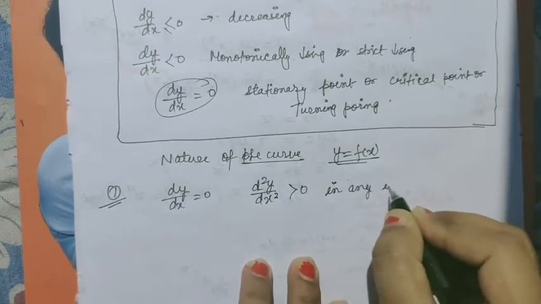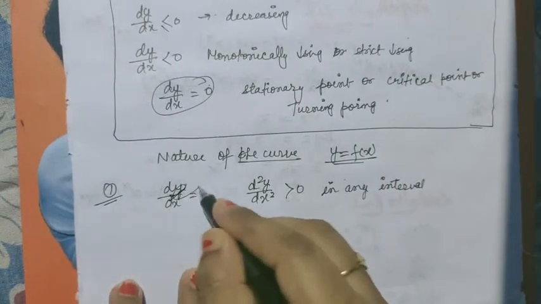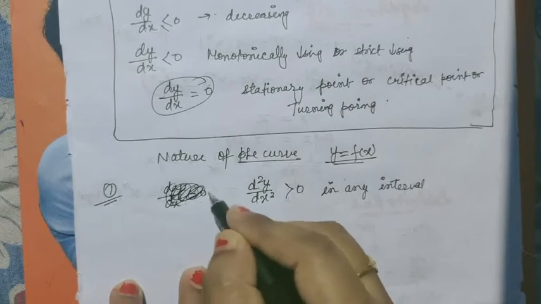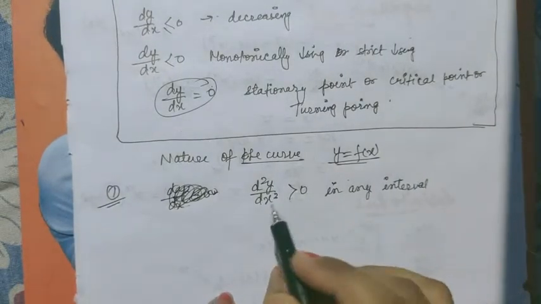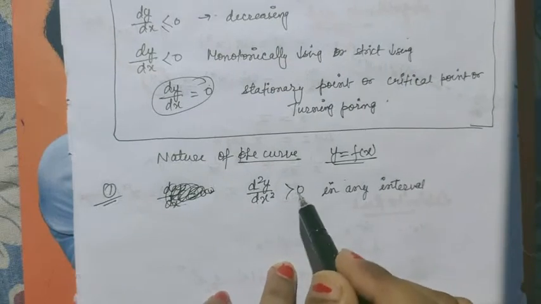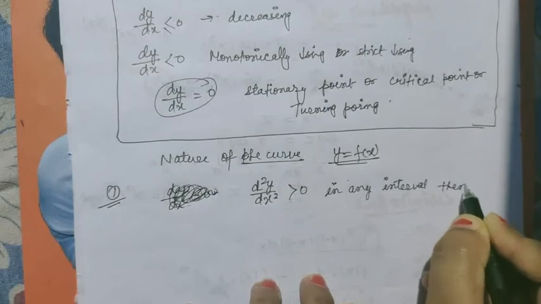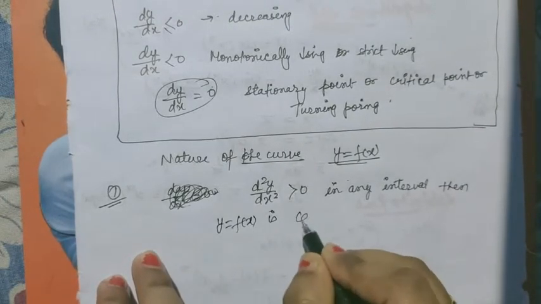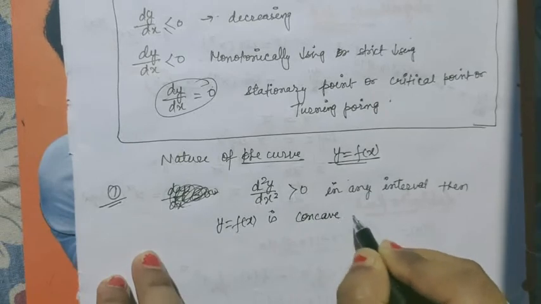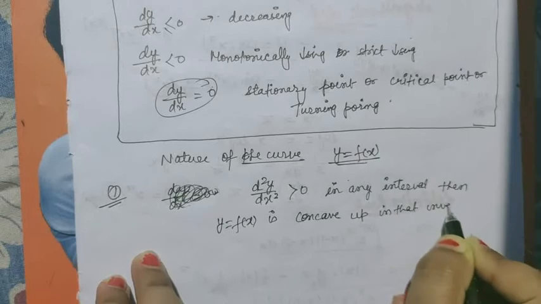Sorry, don't write this, this will come in maxima and minima. So when d2y by dx square is greater than 0 in any interval, then y equals f(x) is concave up in that interval.